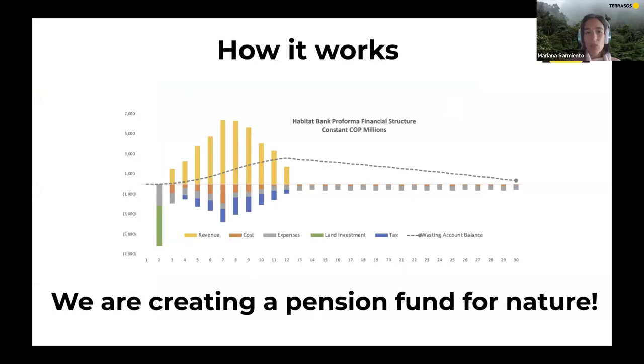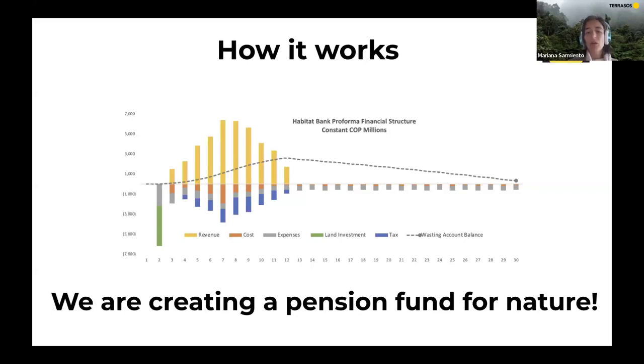But at the end, what's happening is that a percentage of each sale, which can be between 10 to 40%, depending on cash flow needs, will go into a sinking endowment. And that endowment will begin to fill until the last day that we have sold TEBUs, so that the project has enough money to be able to function for 30 years.